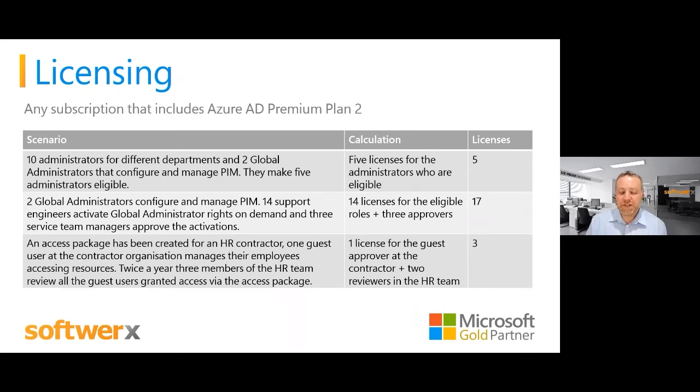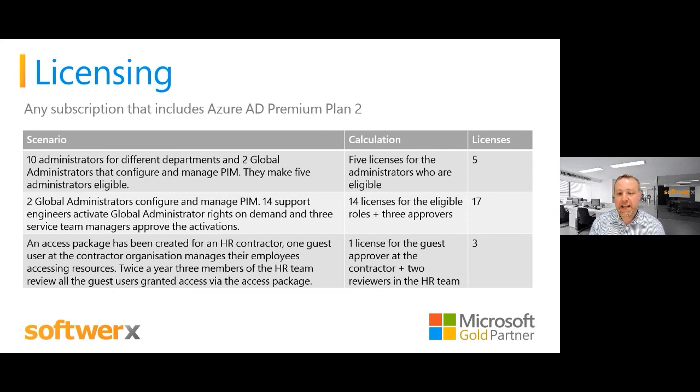It's the guest user as the contractor who's doing the activations, who's doing the reviews. So you've got 50 guests at the contractor who are going to go to the apps portal and request their access. There's 1 person there who was named to do the approvals. That person will need a license in order to perform the approval piece.